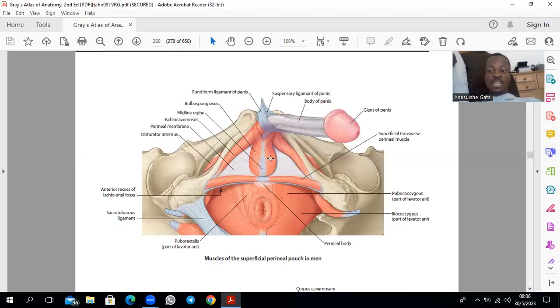And one of them is sphincter urethra, the other one is deep transverse perineal. So if deep transverse perineal is in the deep perineal pouch, there should be a muscle called superficial transverse perineal in the superficial perineal pouch. Right. Then the root of the penis and the clitoris is also a content of your superficial perineal pouch. Right. So if you can find a way to know all these things, you'll be good.